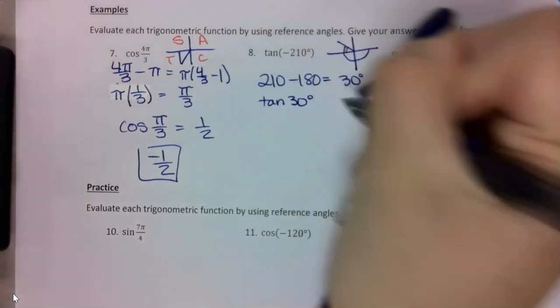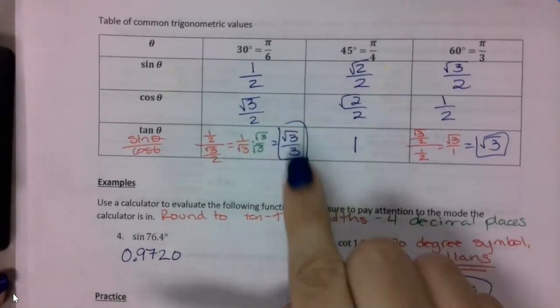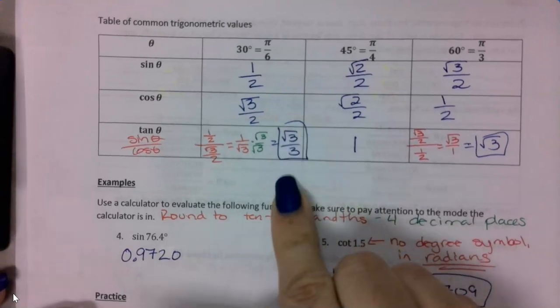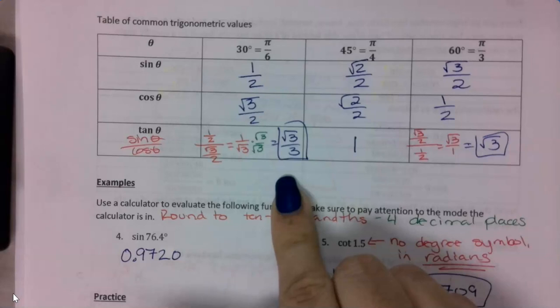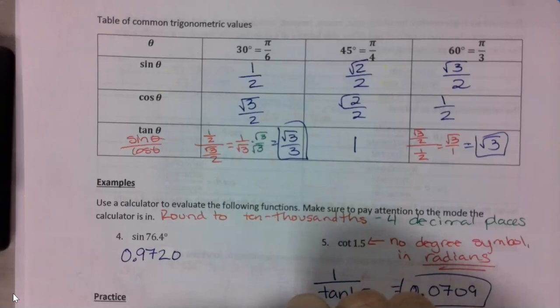So tangent of 30, according to this chart, I would memorize this chart for the quiz. And if you watch the video for these notes, I talk about how I was able to fill in the numbers. So tangent of 30 is what?